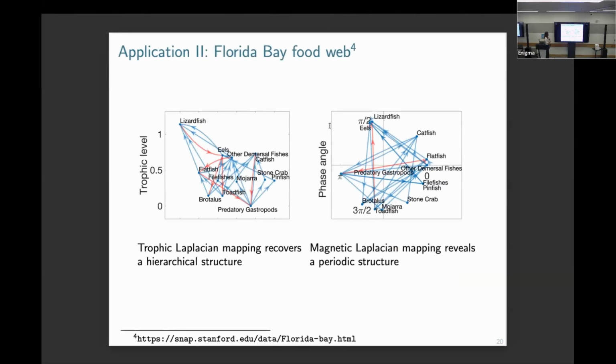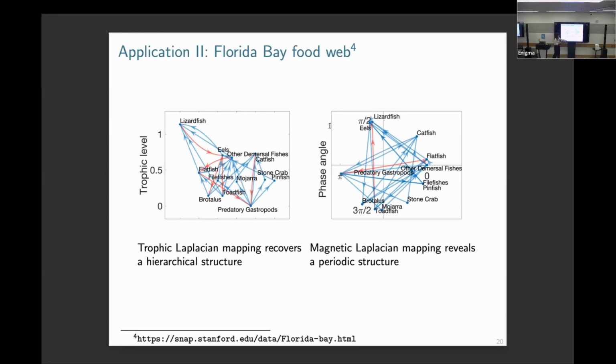And more interestingly, we did some experiments on a real network, and this is the ecosystem, or food web, from Florida Bay, where the edges represent carbon transfer, a predator and prey relationship between the fish. On the left, we have the trophic level, where we can find some species at the bottom of the hierarchy, some higher in the hierarchy.